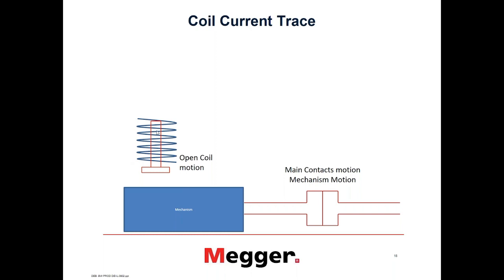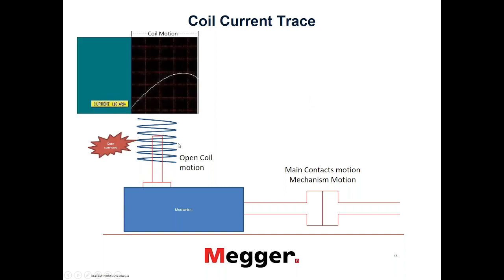This coil is holding the mechanism from being released. So when I give a close or open command, both of them theoretically the same, an armature inside this coil will move. Whether it goes up or down doesn't really matter, but the movement of this armature gives me the first jump. This is the coil motion, we call it.